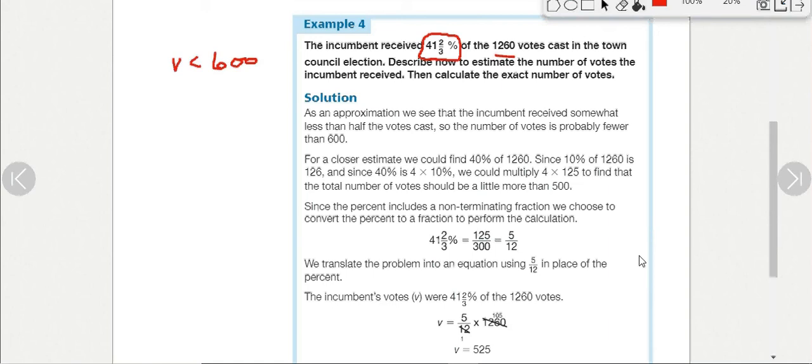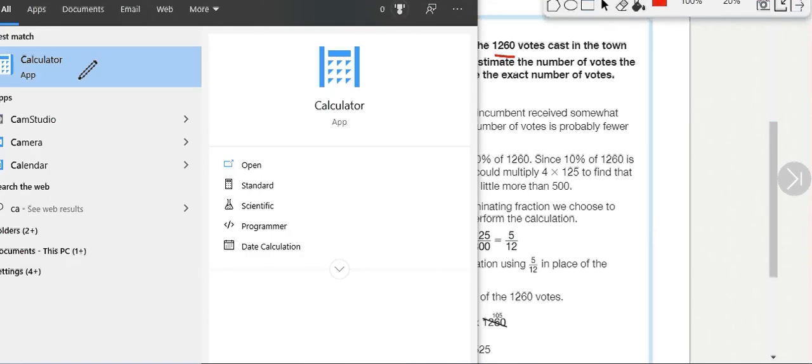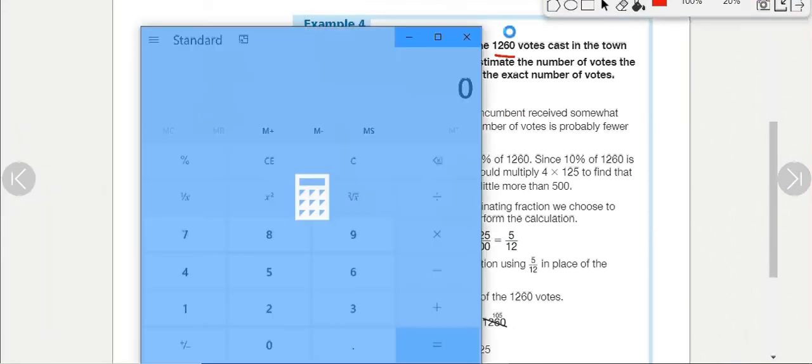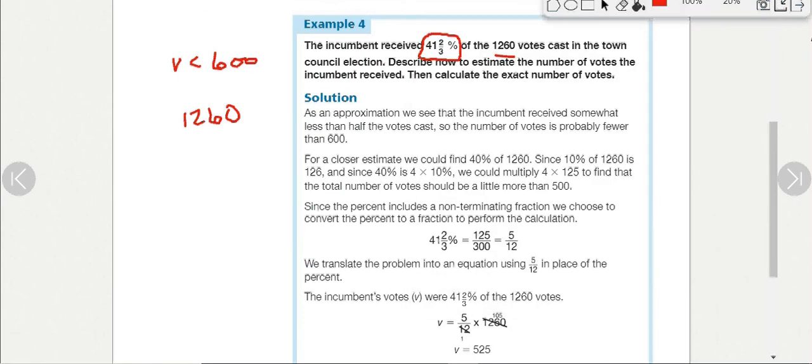A decent estimate, but not super exact. One way I like to do quick estimates is I look at 1260 and I always find what's 10%. That just means what would this be divided by 10, right? Well, we don't need this really, but I'm going to show you it. 1260 divided by 10 is 126. That's 10%, okay? Because we moved the decimal 1 over.